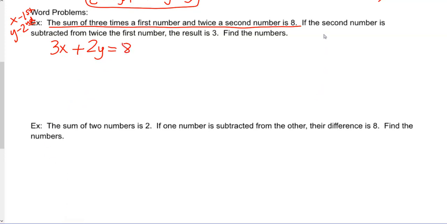If the second number is subtracted from twice the first number, so make sure you get the right order. We're subtracting the second number from twice the first number, and the result is 3. So make sure that you rewrite that in an order that works. With subtraction, it can be tricky, so be careful.